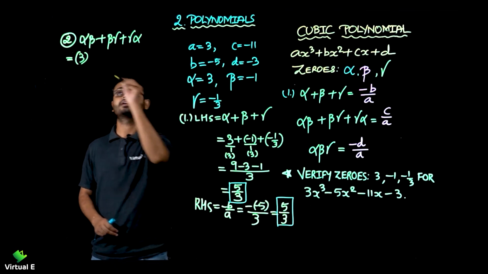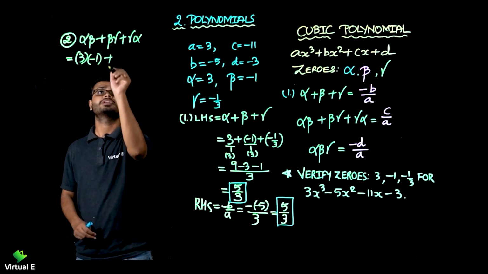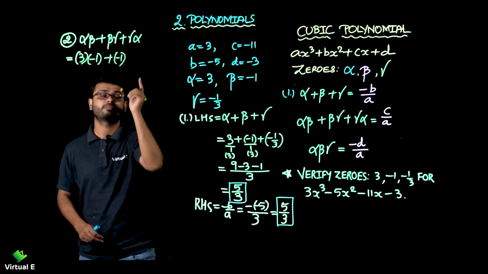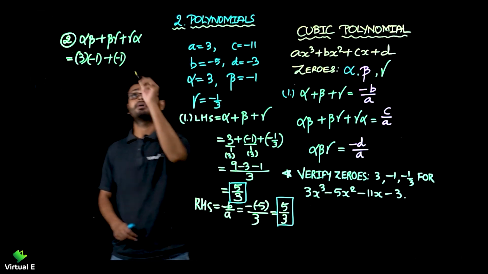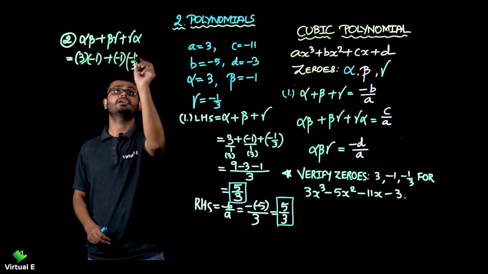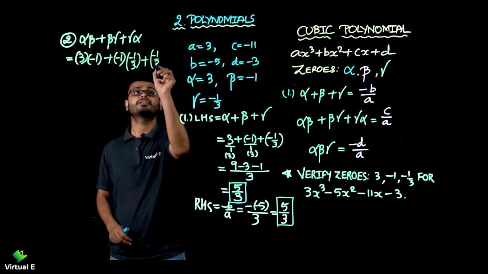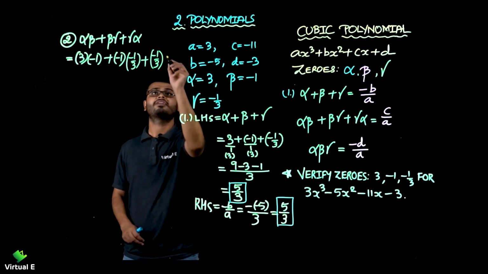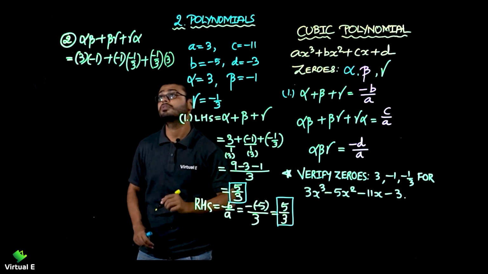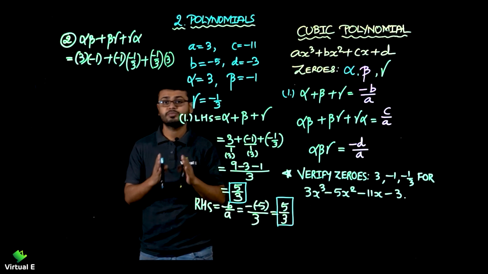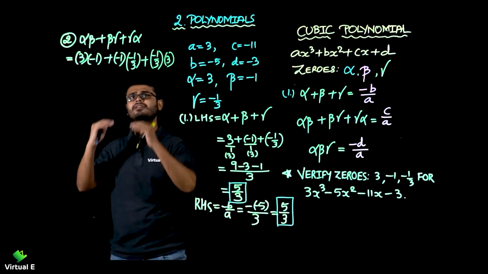Value of beta is minus 1, plus value of beta is minus 1, plus value of gamma is minus 1 by 3, plus value of gamma again minus 1 by 3, and value of alpha as 3. If any cancellation is possible, go ahead with it, then we will simplify.